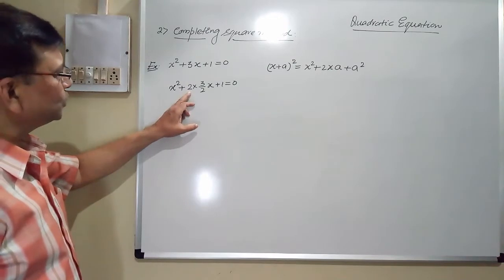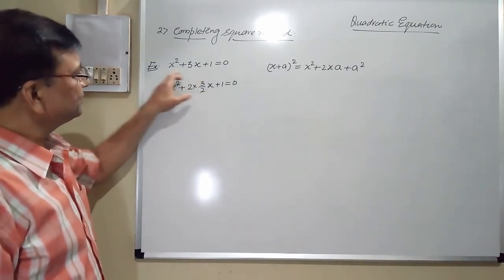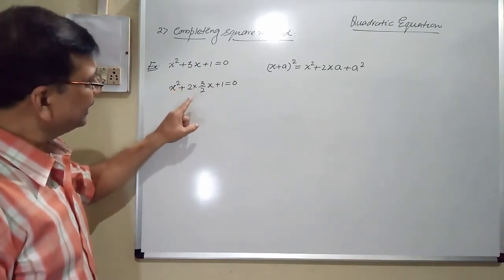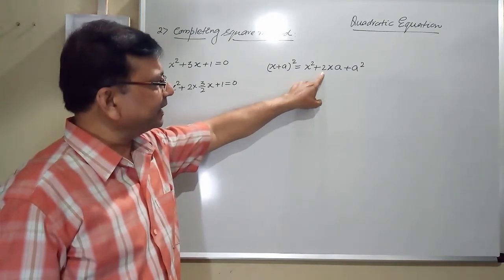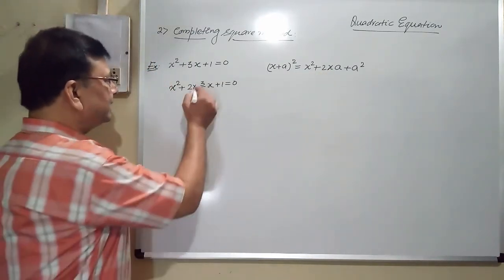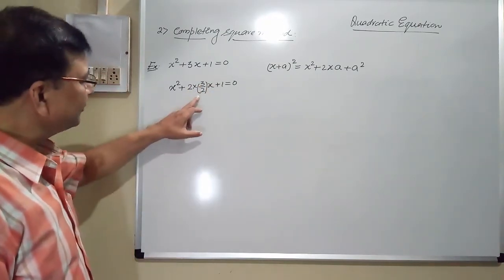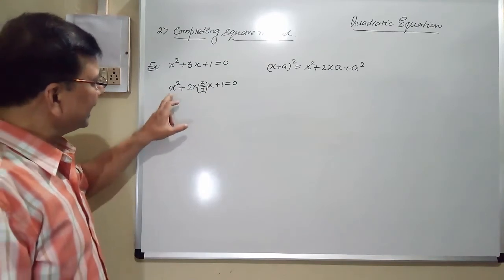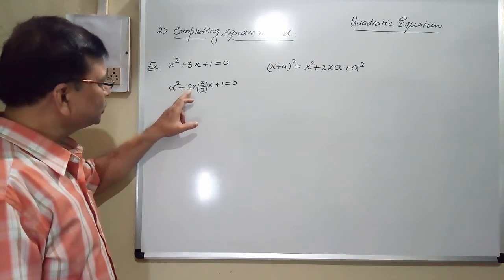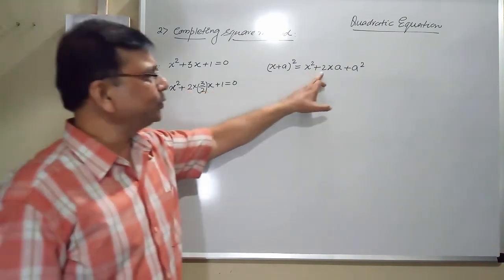Means if you are writing 2 into 3 by 2x, this expression won't change, isn't it? But we are getting one benefit. 2 we are getting. So 2 is there, x is there, another quantity is 3 by 2. Means if you are observing it, x square plus 2ax of this form.